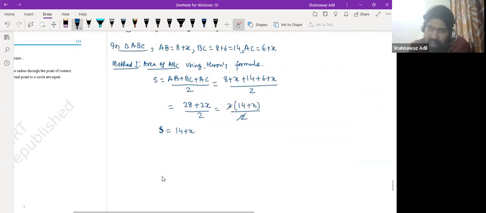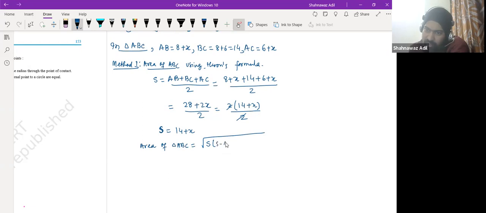Then the area of the triangle is root of S, S minus AB, S minus BC, S minus AC. So how much would that be?